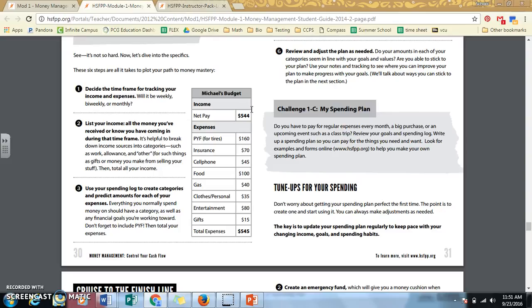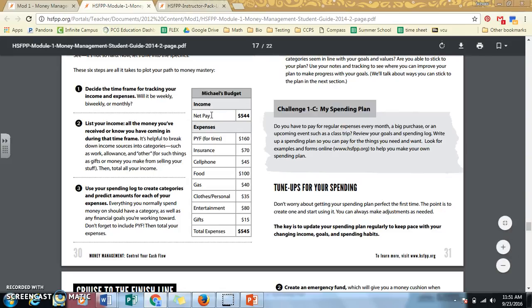But that's up to everybody individually. So you could track your spending weekly, bi-weekly, or monthly. You probably don't want to go any further out than 1 month. It can be very difficult to see what you need to spend money on further than that.